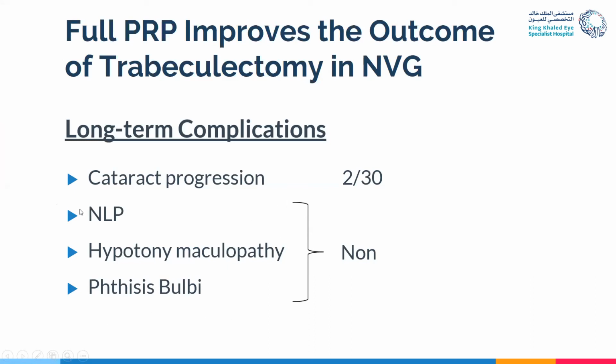And this complication is very common in patients who underwent trabeculectomy or tube surgery in the past, before the understanding of the disease and preparing the eye in an optimal way.